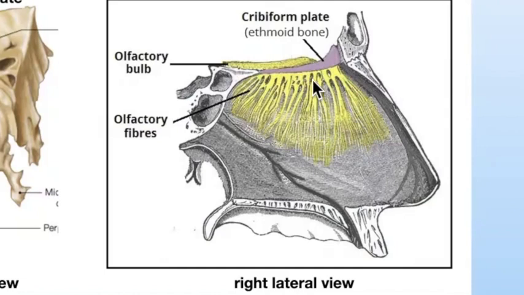Once the olfactory nerves have passed through the cribriform plate, they synapse on the olfactory bulb, and we'll learn about their pathway in the nervous system.